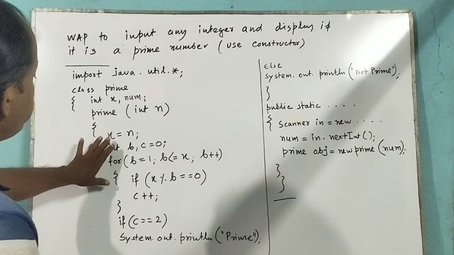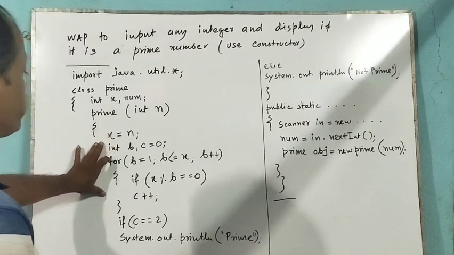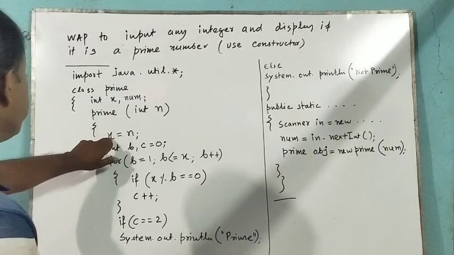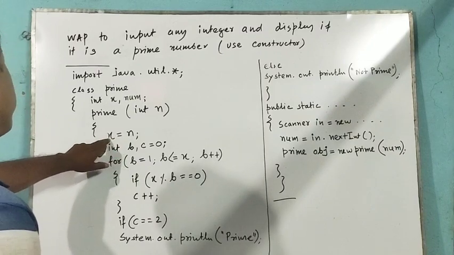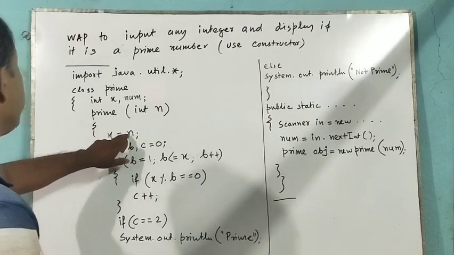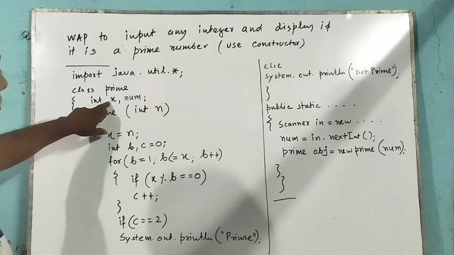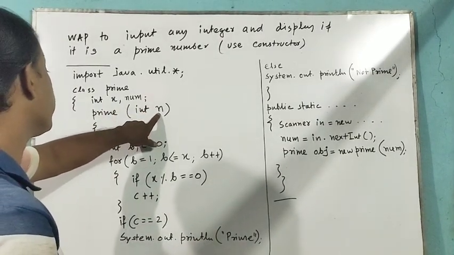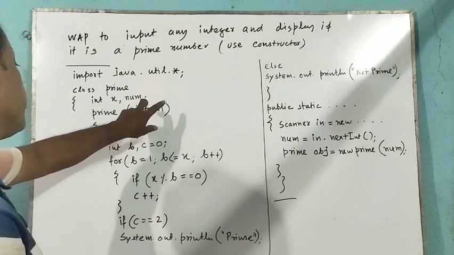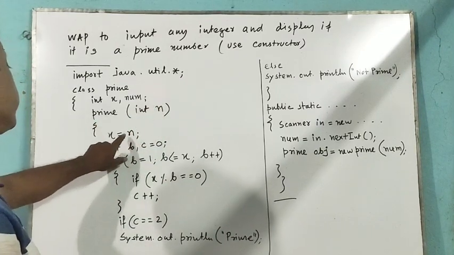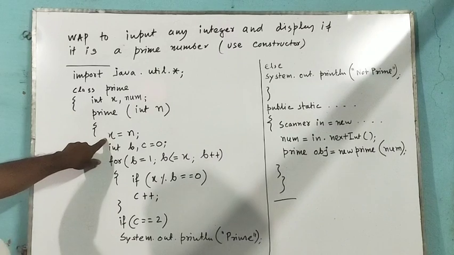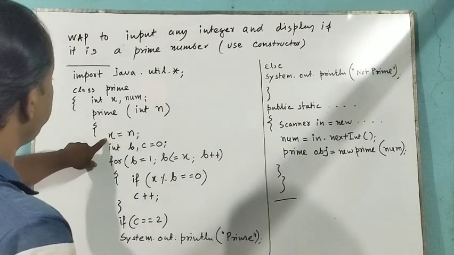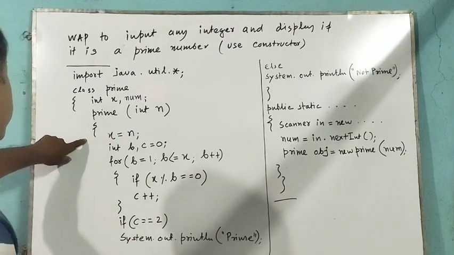Now inside this body of the constructor I have initialized the value of x by n. X is a global variable, int variable, and n is a parameter of the constructor. Now the value of n is assigned to x as the initial value of x. So this is again another point.